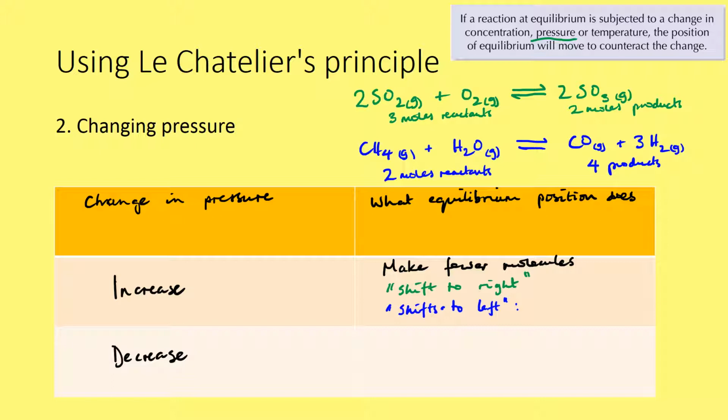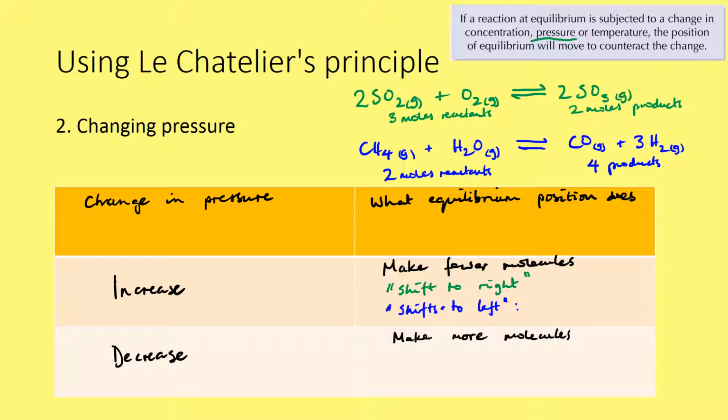So it will try to increase the pressure. How is it going to increase the pressure? Well, it's going to make more molecules. So the equilibrium position is going to move in a way that makes more molecules.